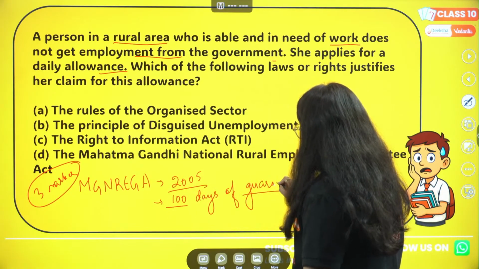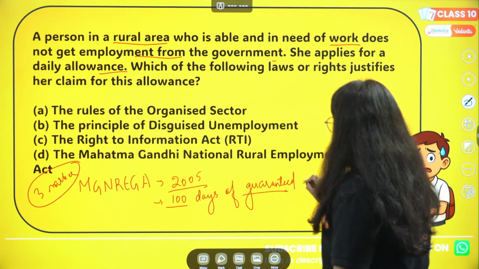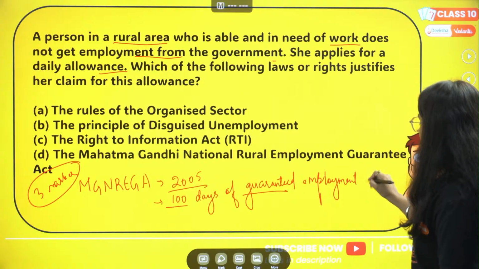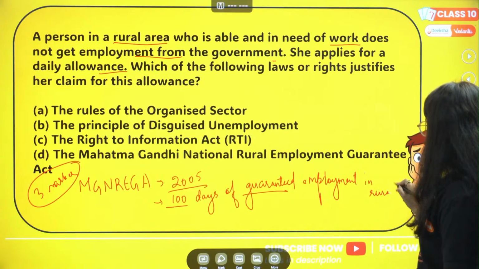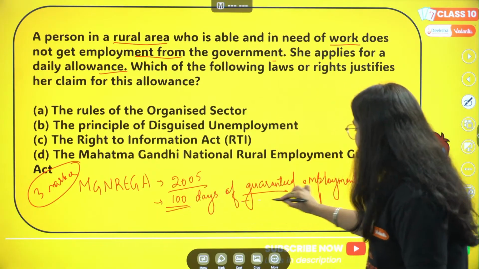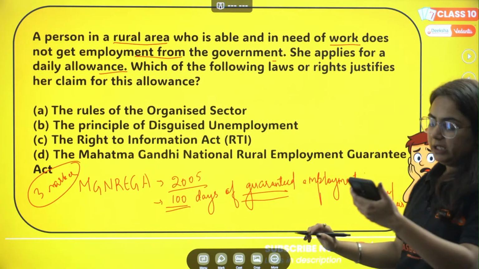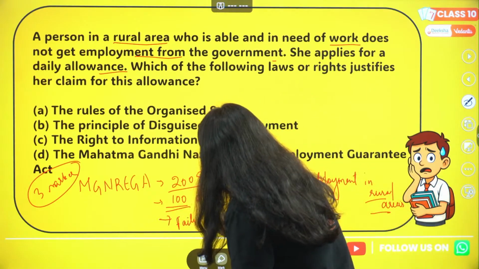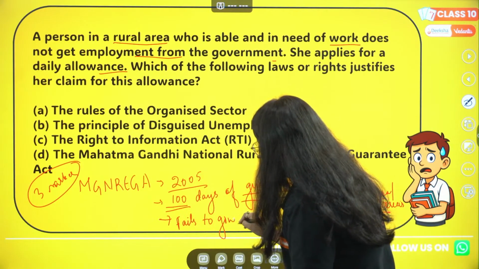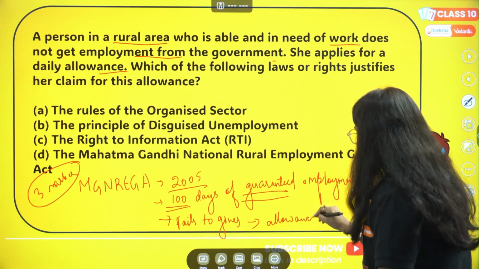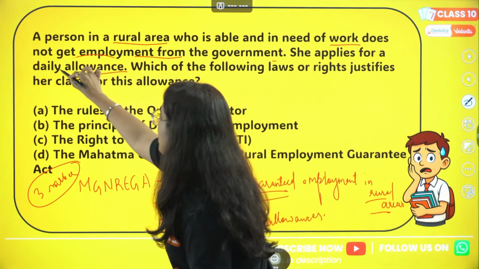Never forget to write this word, guaranteed employment. Where are you going to get this guaranteed employment? In rural areas. The keywords are 100 days, guaranteed employment in rural areas. But if the government fails to give the employment, then they will give you allowances. And this is what it was.